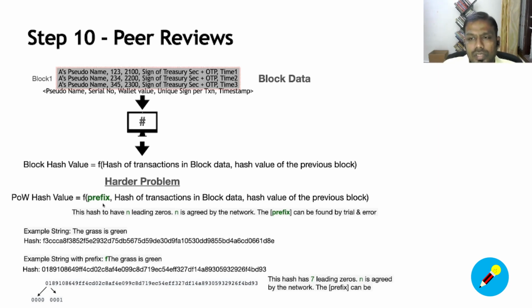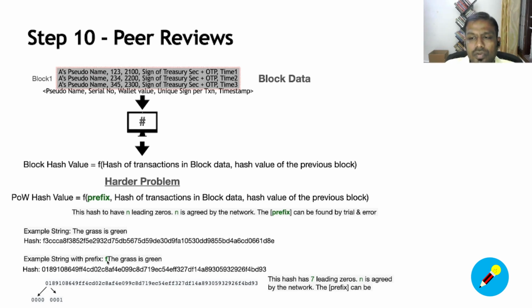But before we talk about this, let's take some examples of how hashing really works. If you take the string "the grass is green", this is the corresponding hash value for it. Now, if you add a simple letter like F to this same string, you get a completely different hash value. And if you add a different letter, A, it will come with a different hash value again.